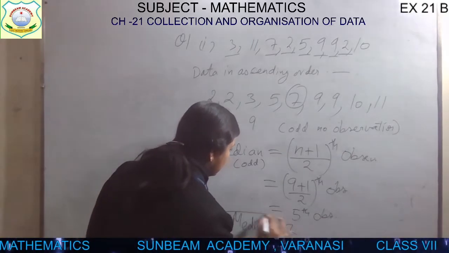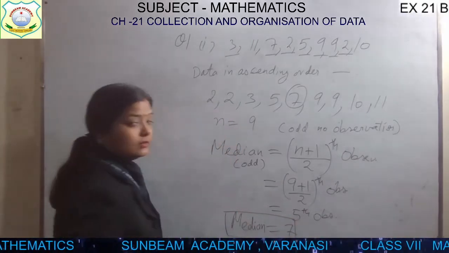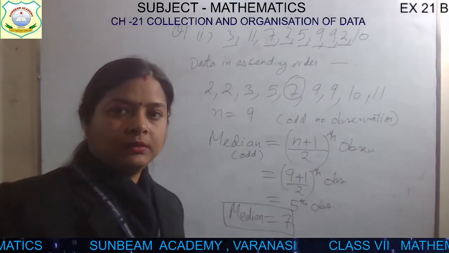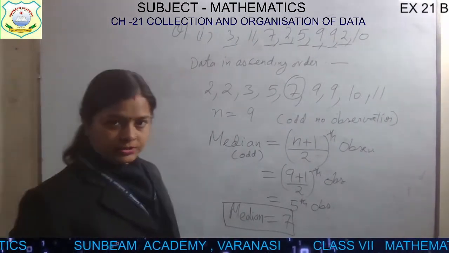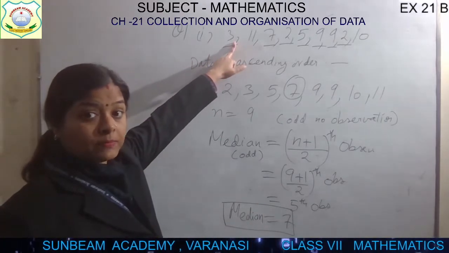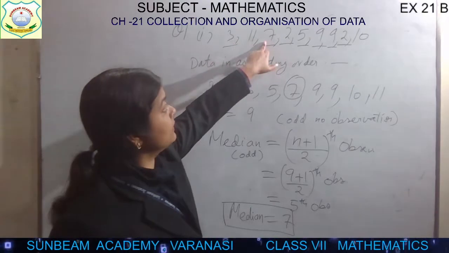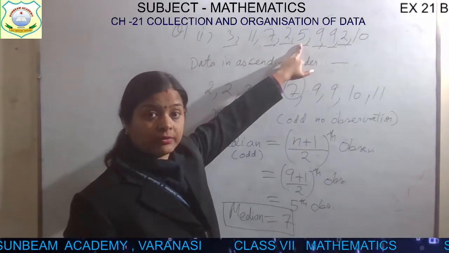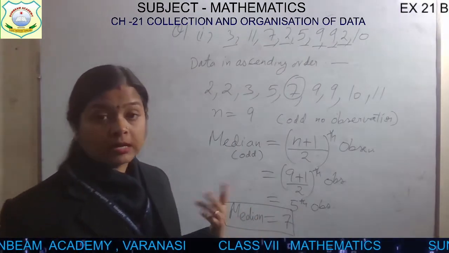यहाँ पे median क्या आ गया? 7. What is the median? 7. Clear? Median is 7. Clear, children? But if you see the fifth observation in the unsorted data, 1 2 3 4 5, इसमें 5 आ रहा है. Fifth observation there is 5. Then our solution will be wrong.